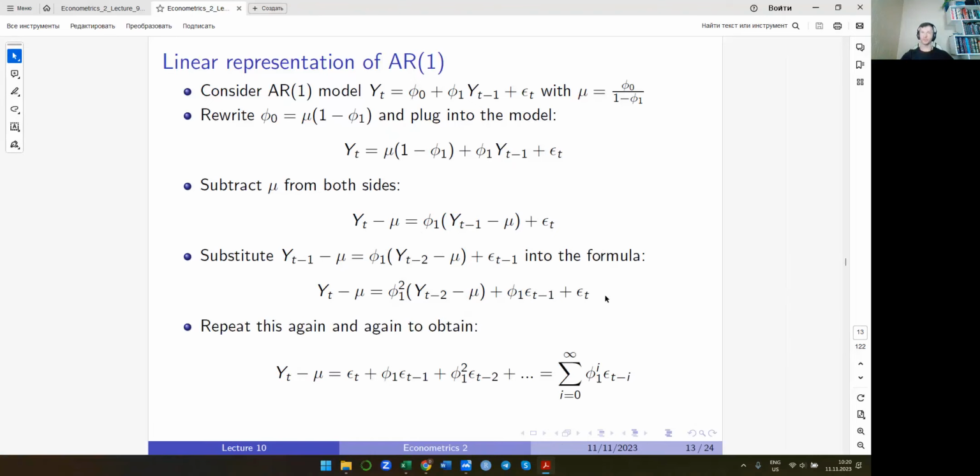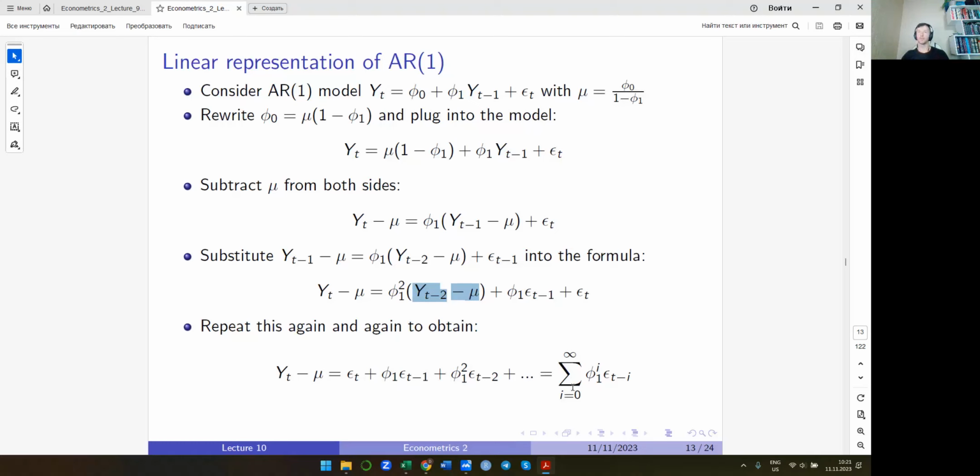We keep doing this again and again. If we plug in here yt minus 2 as phi1 times yt minus 3 minus mu plus epsilon t minus 2, we will get the following sequence finally: epsilon t plus phi1 epsilon t minus 1 plus phi1 squared epsilon t minus 2 that appears here, and so on. So finally we have this.